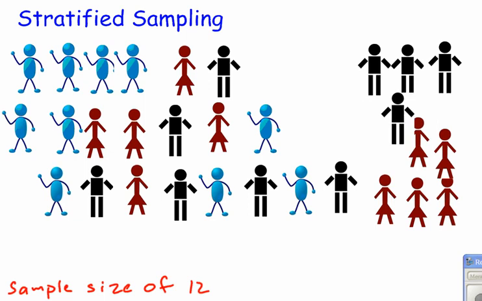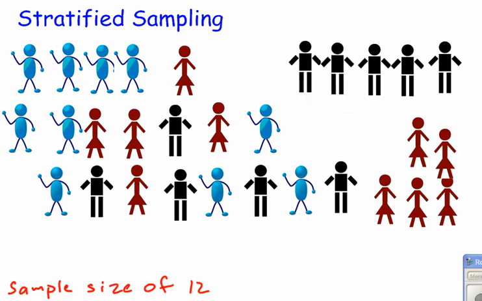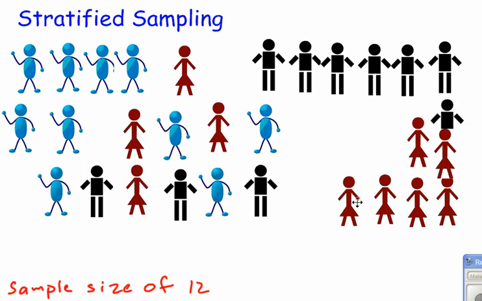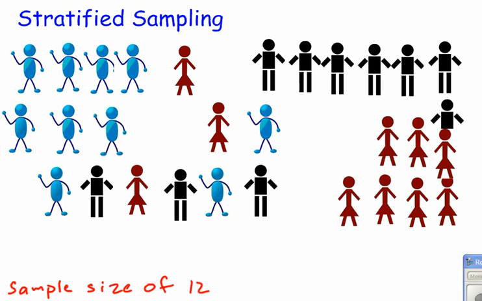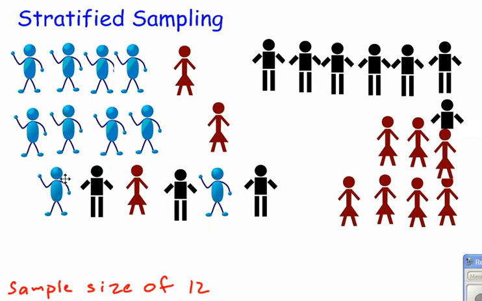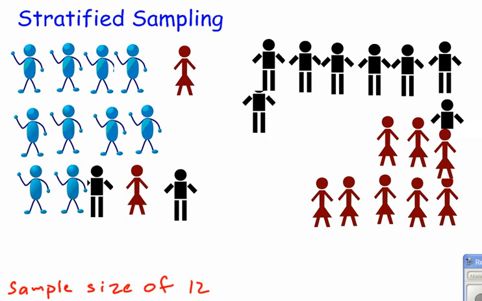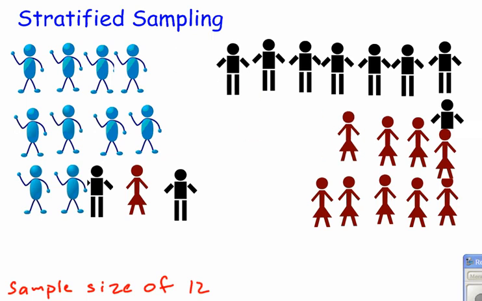In this case, I'm grouping them by color and the way that they look. And I hope that doesn't sound like I'm discriminating against anybody or profiling or anything. That's not what I'm looking to do here. I'm just grouping them by a characteristic, and the characteristic that I decided to go with is the way that they look.